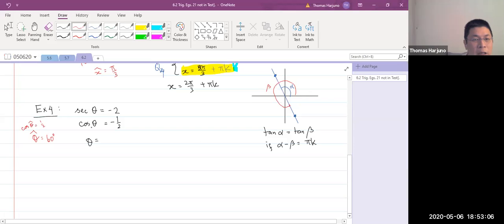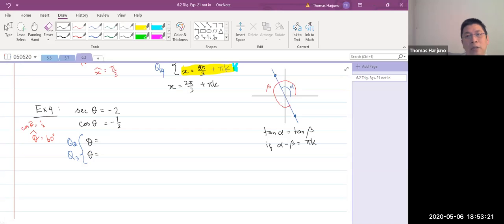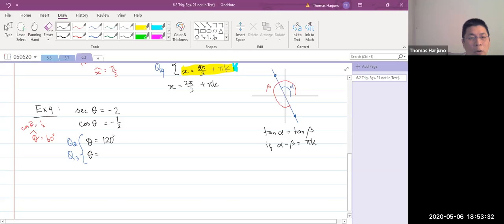Now, I need cosine negative. Cosine is negative in quadrant 2 and quadrant 3, right? What is the angle in quadrant 2 and quadrant 3 such that the reference angle is 60 degrees? 120 degrees in quadrant 2.